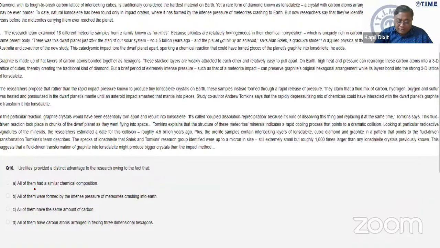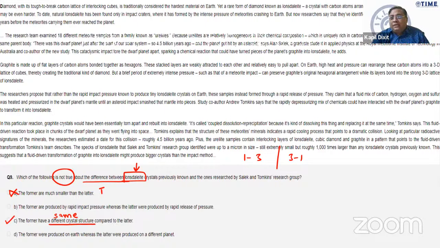Question number 9 done. Okay, there was one more thing in the earlier one, look, it was written here, second paragraph: indigenous in their chemical composition, which is uniquely rich in carbon. So, because they are homogeneous. Now, let's go to the 10th question.